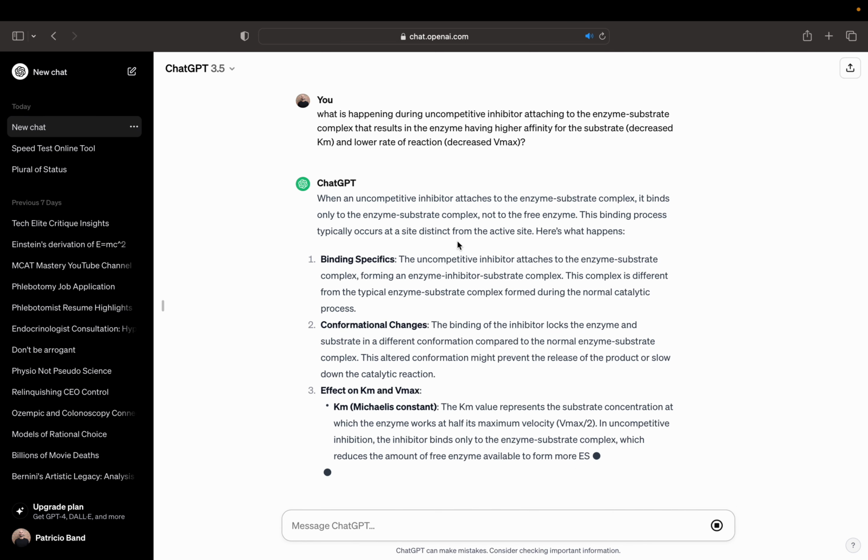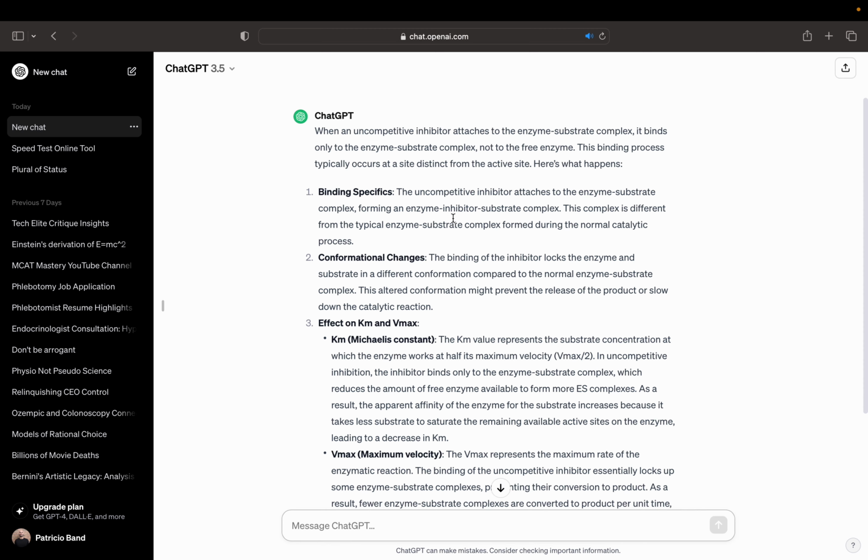So when an uncompetitive inhibitor attaches to the enzyme substrate complex, it binds only to the enzyme substrate complex, not to the free enzyme. This binding process typically occurs at a site distinct from the active site. Here's what happens. Oh, interesting. So we can assume here now that the substrate attaches to the enzyme first, and then the uncompetitive inhibitor attaches to the enzyme substrate complex.